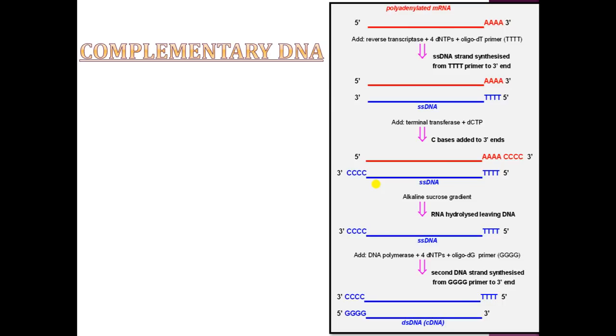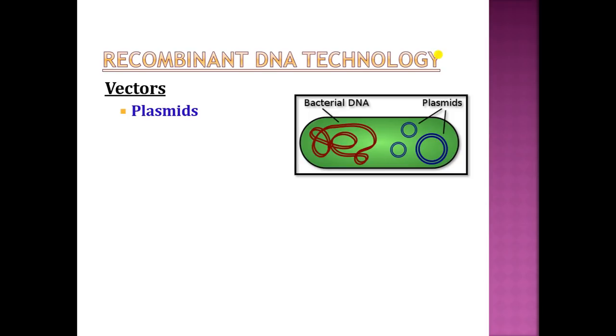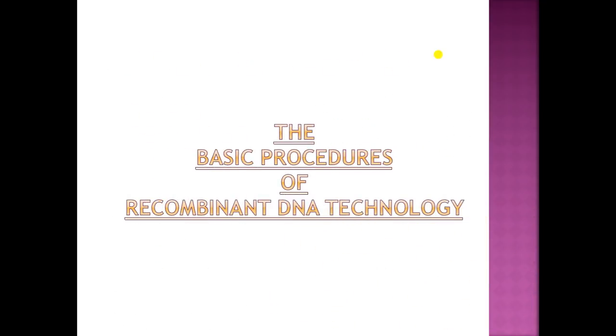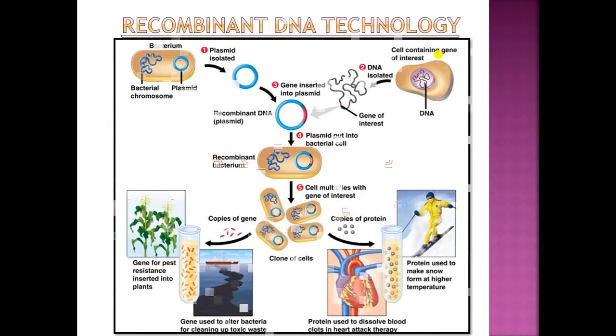Then we went through complementary DNA, how it is synthesized with the help of reverse transcriptase. Then we discussed vectors. There are plasmids, bacteriophage and cosmid, and they have different properties, and based on that we use suitable vectors for recombinant DNA technology. Now we will discuss the basic procedure for recombinant DNA technology.